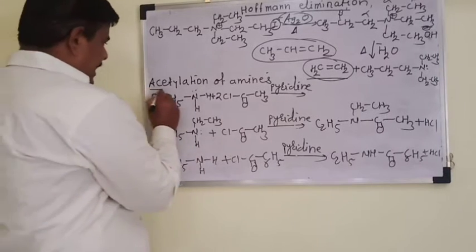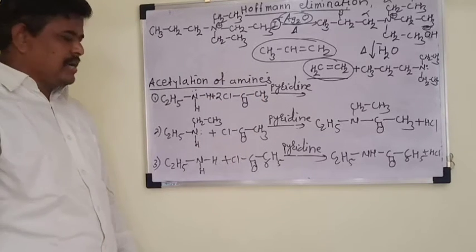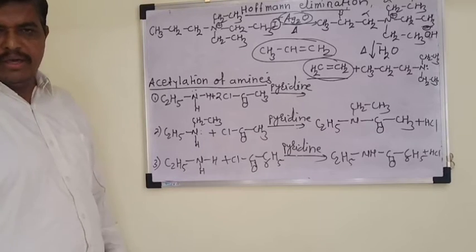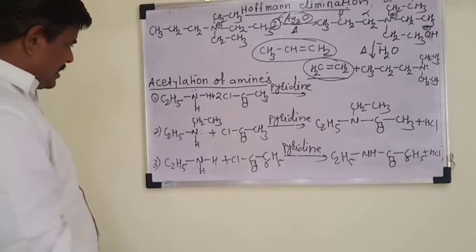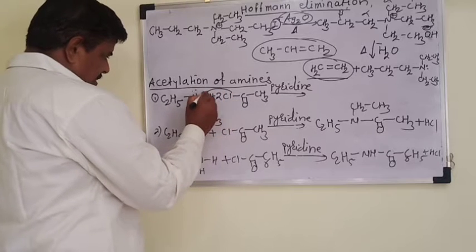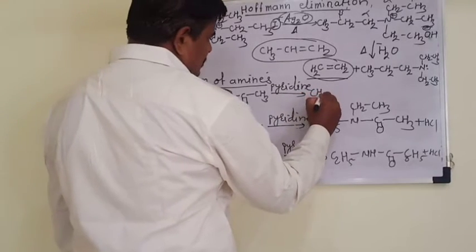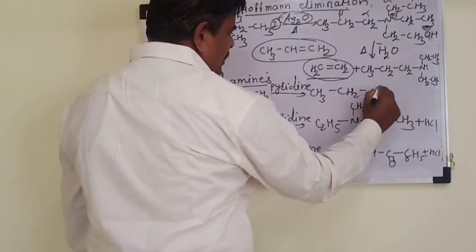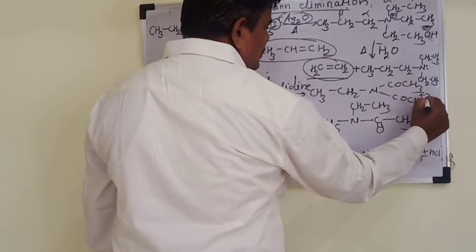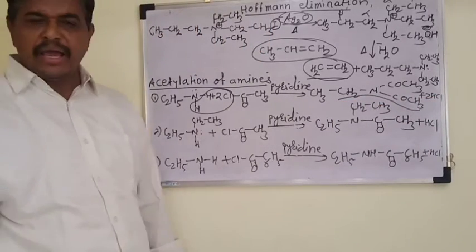Next reaction is acetylation of amine. Primary and secondary amines react with acetyl chloride or benzoyl chloride. When a primary amine reacts with acetyl chloride, we get a di-substituted compound, CH3CH2N(COCH3)2 plus 2HCl, meaning we get the diacetyl derivative of the amine.